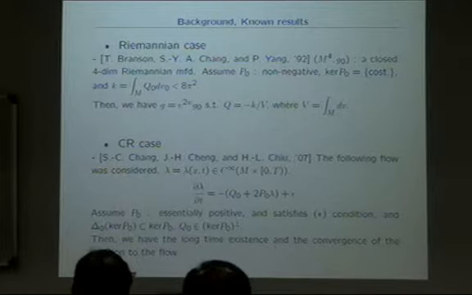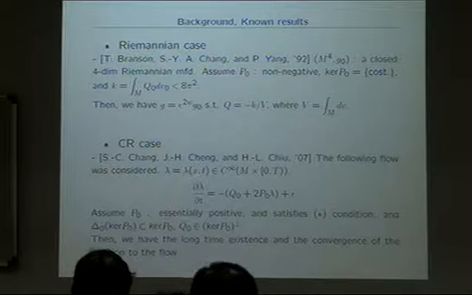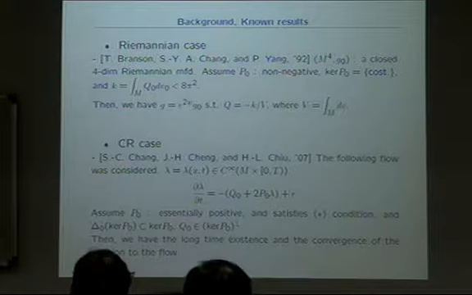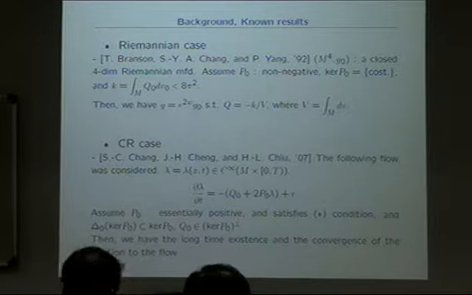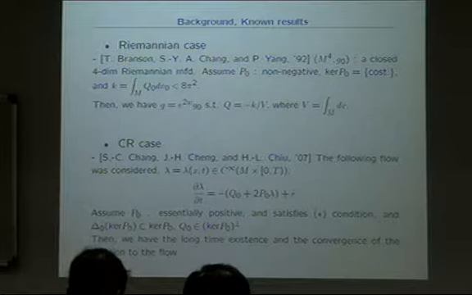For CR geometry, I introduce here this result shown by Professor Chang, Chen, and Chiu. In this paper, they introduced a Q-curvature flow like this, and under this condition, they showed the long-time existence and convergence of the solution of the Q-curvature flow.